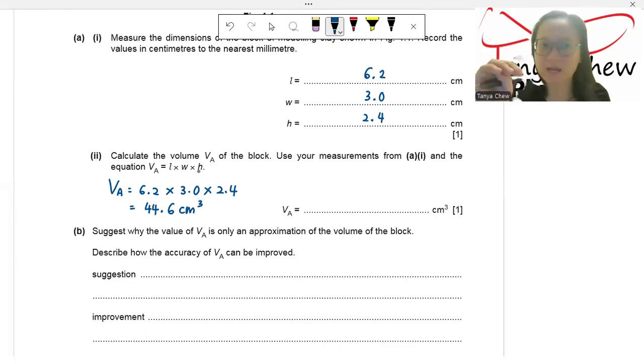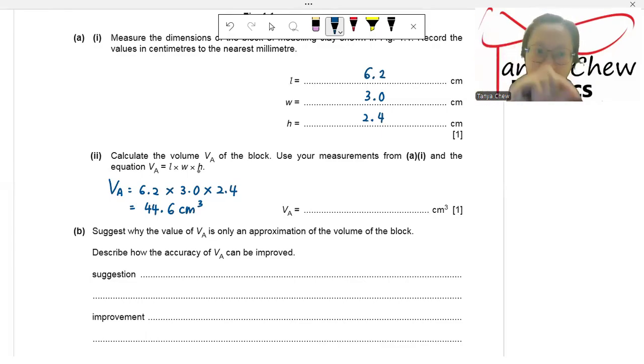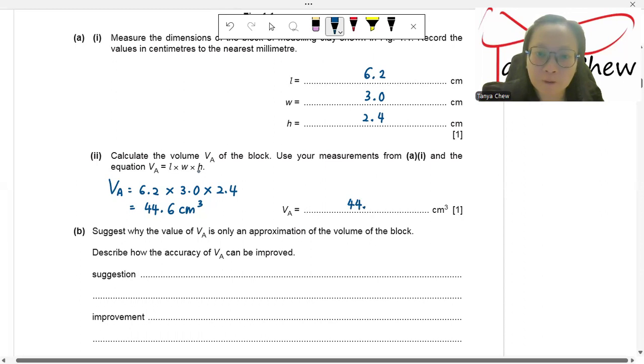Now, VA can take two significant figures or three significant figures, one more significant figure higher than the raw data. So I'm going to put it in terms of three significant figures, one significant figure higher. So I put it as 44.6 cm cube, or you can denote it as 45 cm cube.